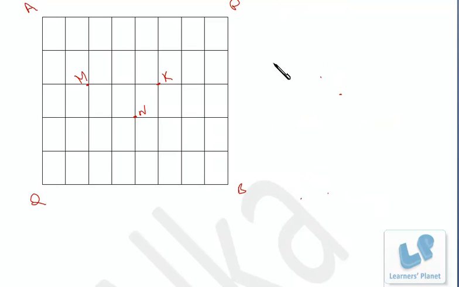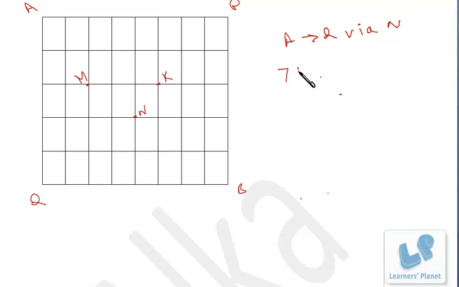Now we have the third, A to Q via N, right? So first of all we have to go to N. So that's 1, 2, 3, 4, 4 horizontal steps, 1, 2, 3, 3 vertical steps.